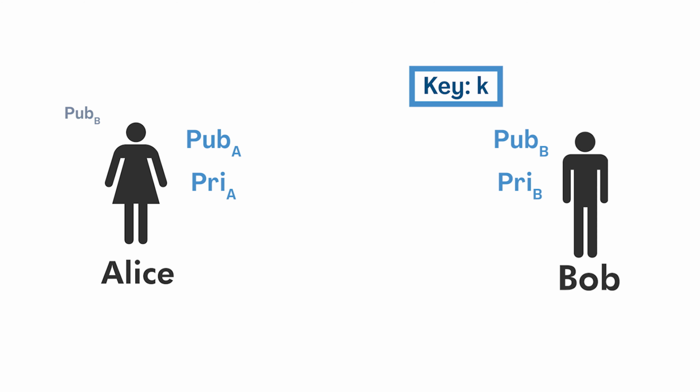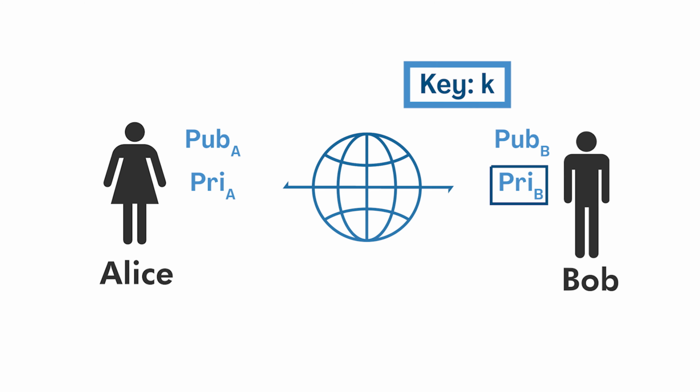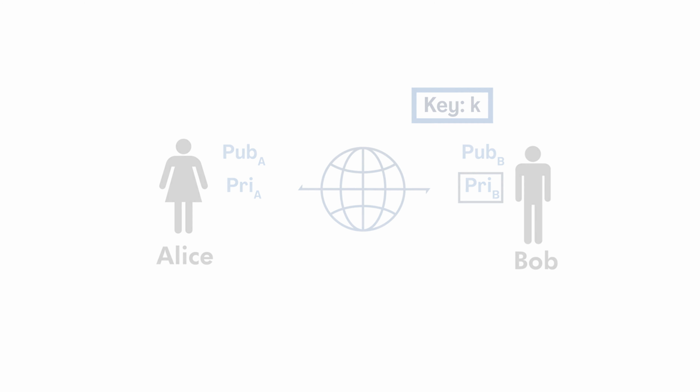Since Bob is the only one who can decrypt that message using his private key, he will be able to decrypt it, and then he will know what session key Alice wants him to use while communicating over the public network. So that's how the public and private keys are used to exchange session keys.